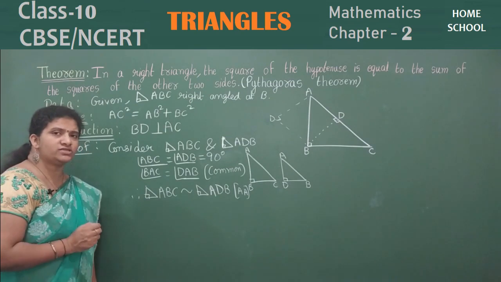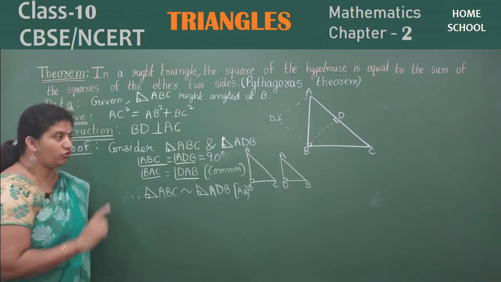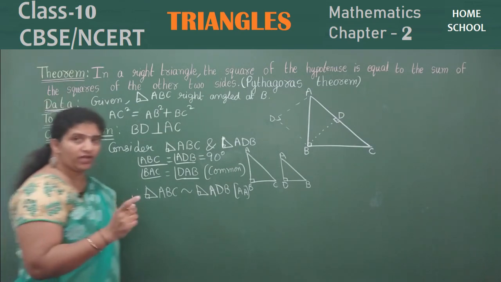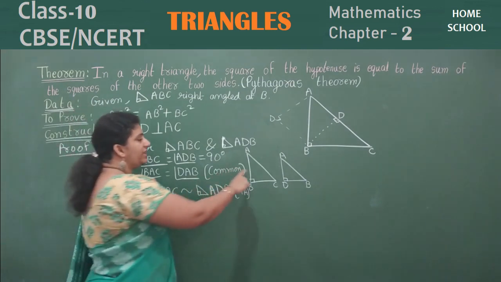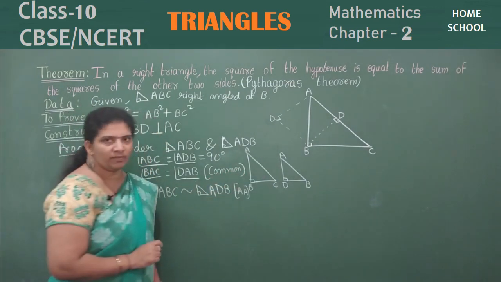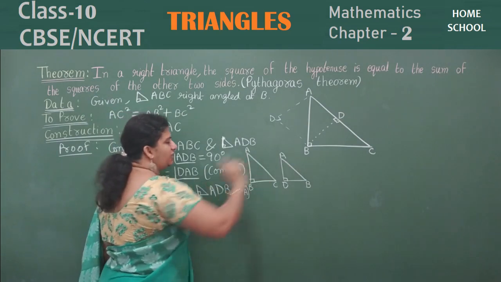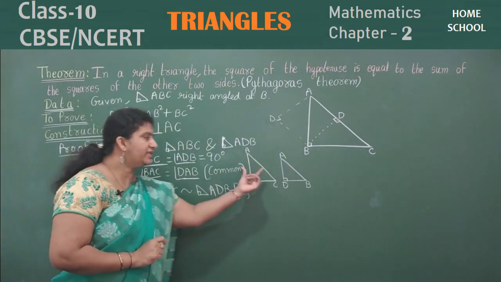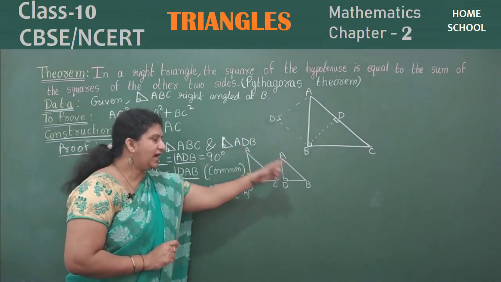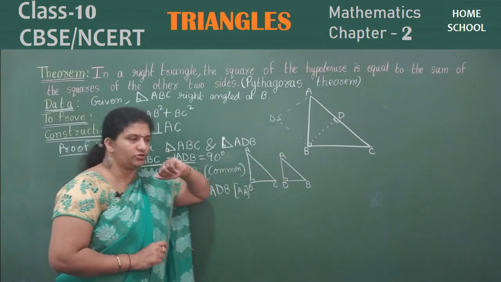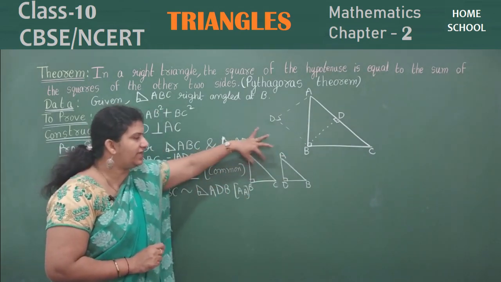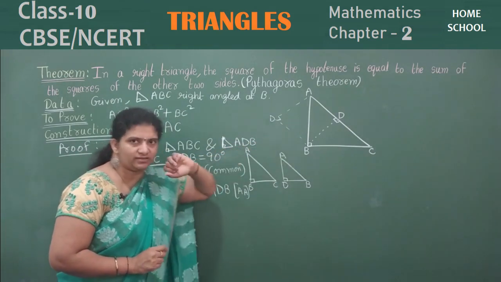Which ratios? I have to see the ratio. Only two ratios I want. How can you observe the ratio? In these two triangles, which side is common? AB, there in two triangles. Here in this triangle, AB is here. And in this triangle, AB is the hypotenuse. So, try to take these two ratios in two triangles.